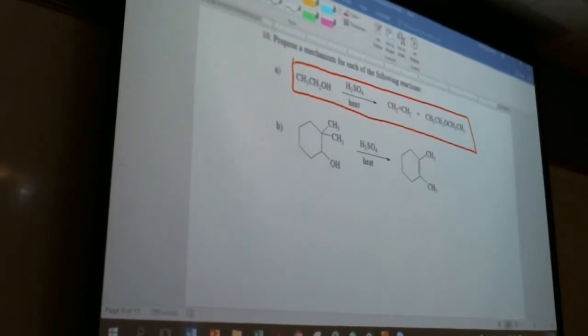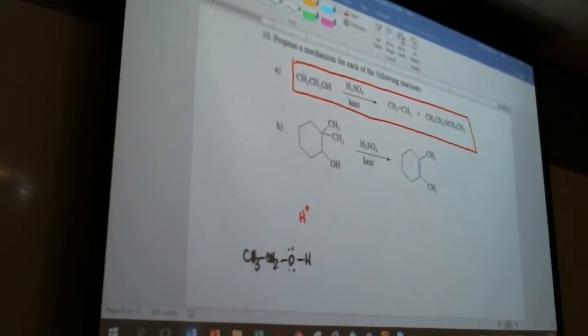What is the very first step? You have an alcohol, you have acid. Protonation of the OH, right? Under those circumstances, that is always your first step. You can write the full acid, sulfuric acid, but sulfuric acid is a strong acid, so this is going to be present as hydrogen ions.